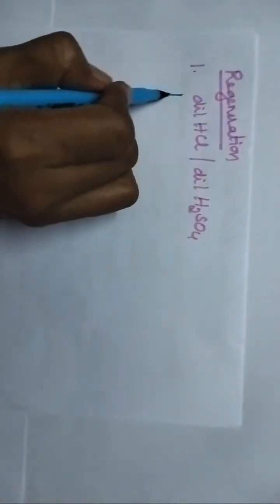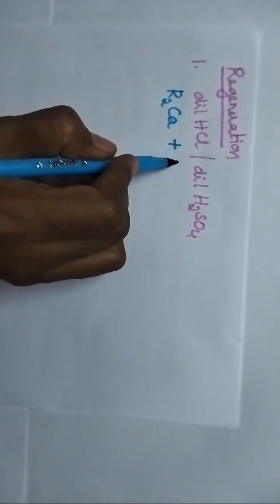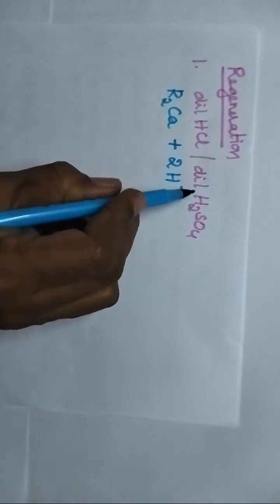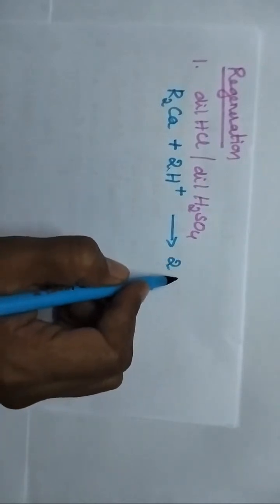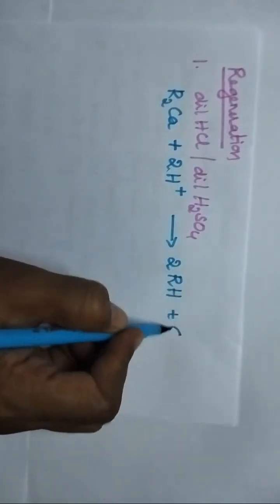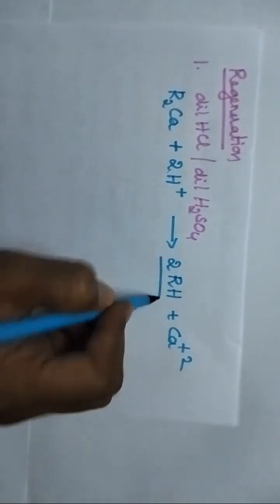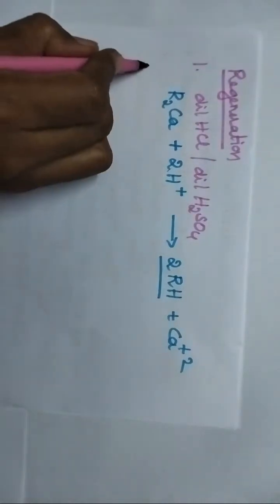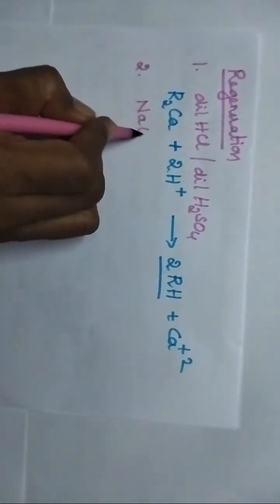That means whenever the exhausted cation exchange resin is washed with dilute HCl or dilute H2SO4 solution, it readily reacts with H plus ions and results in the formation of cation exchange resin. And the anion exchange resin can be regenerated by washing with NaOH solution.